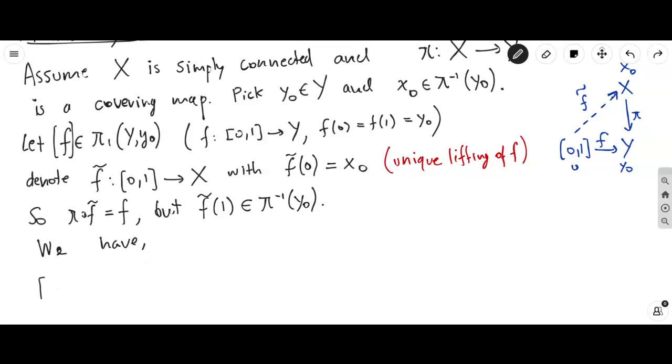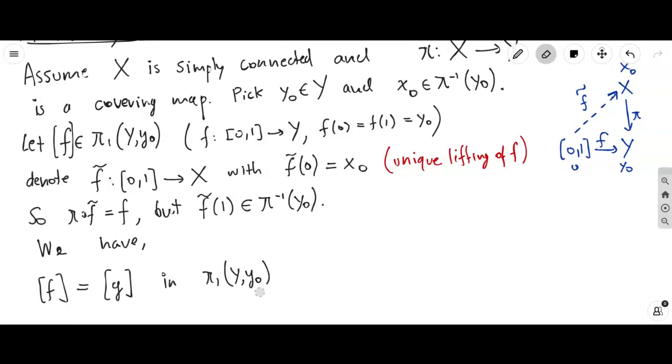We would say that [F] and [G] are equal in the fundamental group. So F and G represent two closed paths at y0. When we're saying that these are equal, basically what we're saying is they're homotopic to each other. That's another way of saying that the homotopy class of F and the homotopy class of G are the same.